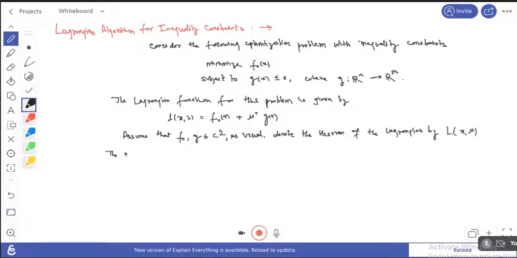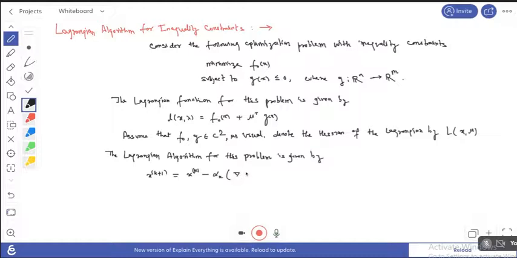Okay, so now the Lagrangian algorithm for this problem is given by a formula, and that formula is very simple, as in the previous case, the Lagrangian algorithm for equality constraints. So we only replace the lambda term by mu, and the same formula we use here.